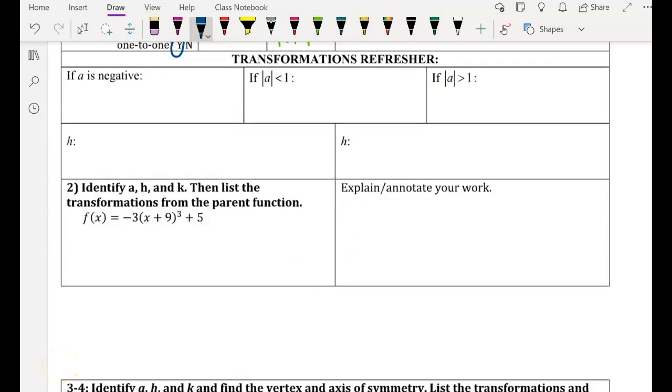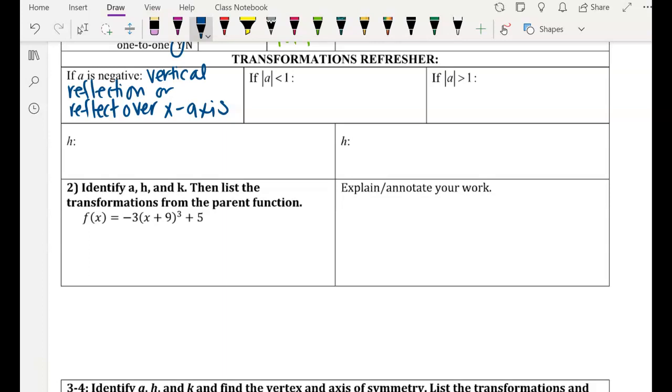Let's refresh our memory on the transformations. If a is negative, we will have a vertical reflection. Sometimes I also call it reflection over the x-axis. Those are exactly the same thing.